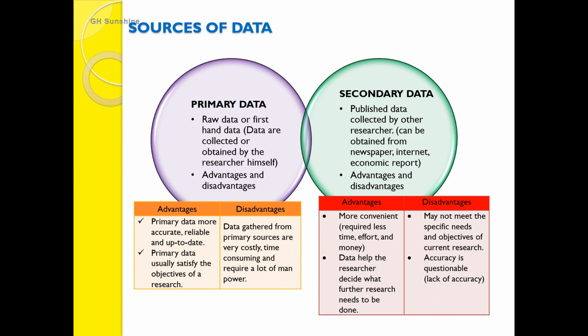Okay, compared to primary data, the disadvantage by using secondary data, the secondary data may not meet the specific needs or specific objective of the current research. And also, the secondary data may lack of the accuracy.